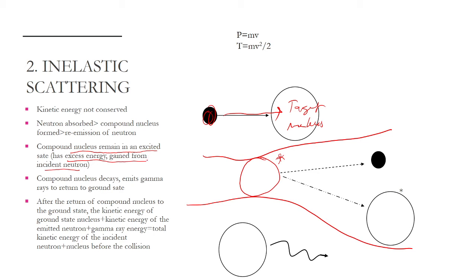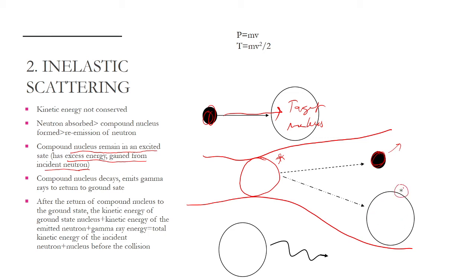So how is that possible? That is possible by emitting an electron. So a new electron is born, recoiling in one direction, and the excited state nucleus recoils in another direction.